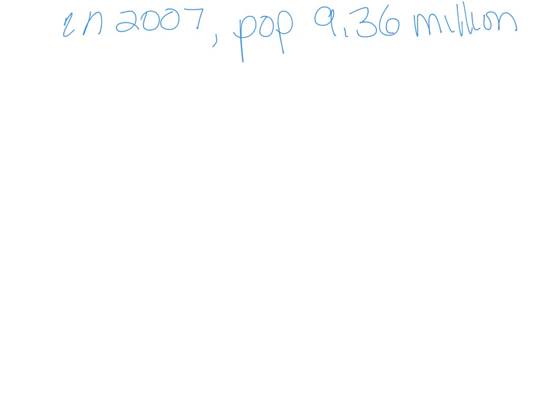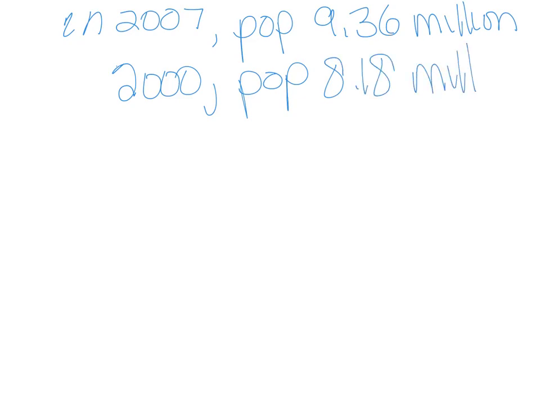And then you look sometime earlier, so in 2000 we looked and the population had been 8.18 million people. And the question would be, write a model to describe this.